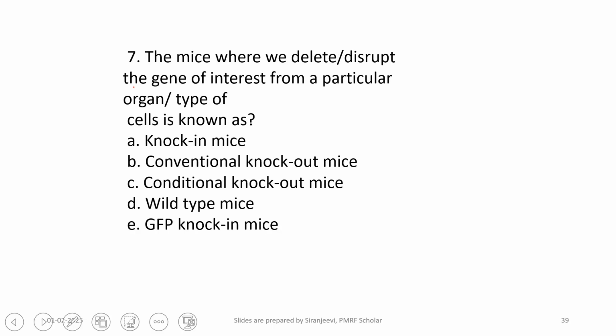The mice where we disrupt the gene of interest from a particular organ or type of cell is known as: knock-in mice, conventional knockout mice, conditional knockout mice, wild type mice, or GFP knock-in mice.